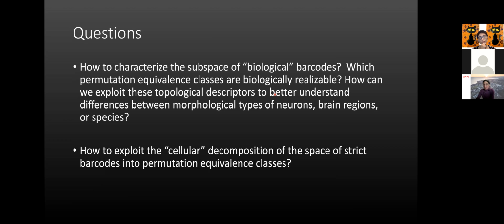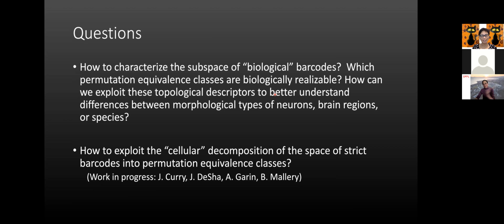And then you can decompose these spaces of strict barcodes in terms of the permutation equivalence classes. And there's an interesting study going on by Justin Curry, Jordan Deschamps, Adélie Garin, and Brendan Mallory, who are trying to understand in detail the decomposition of this space, which has actually something to do with permutahedra and cones on permutahedra.